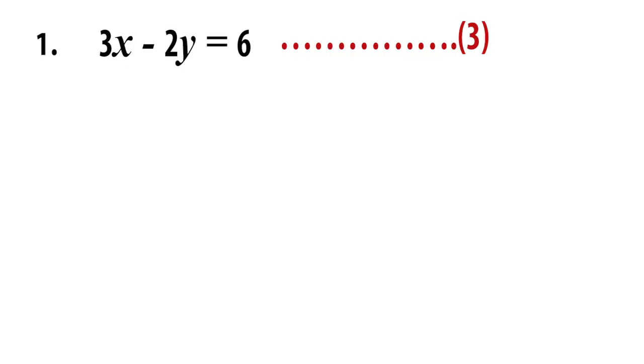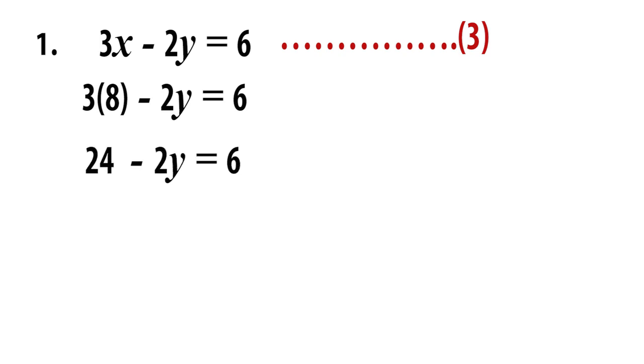Remember, equation 3 is 3x minus 2y is equal to 6. So we are going to replace x with 8. So we have 3 times 8 minus 2y is equal to 6. And 3 times 8 is equal to 24. Minus 2y is equal to 6. Now let's group like terms.